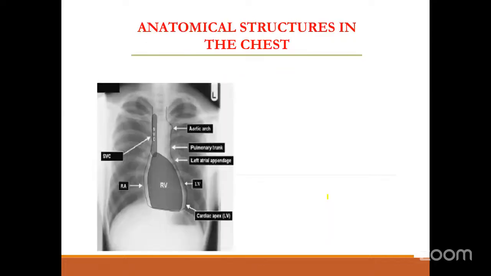So why do we need a chest X-ray in the ICU? Most often, we get an X-ray to confirm our clinical diagnosis if there is any lung pathology, or if the patient has had any clinical deterioration in terms of respiratory function.